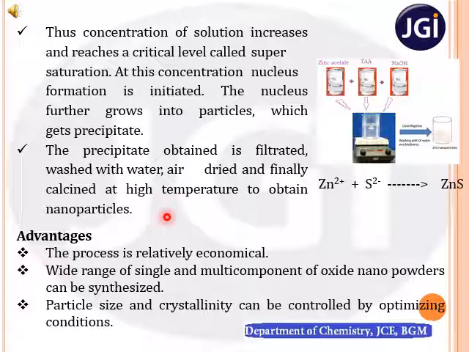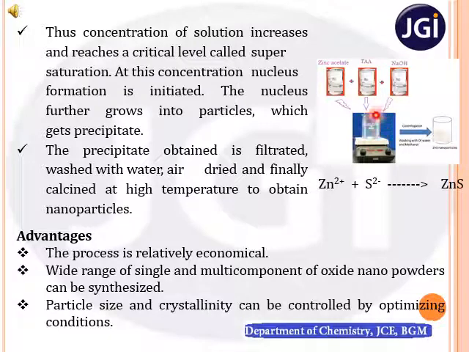Let us consider an example for the synthesis of zinc sulfide nanoparticles by the precipitation technique. In this technique, we are using zinc acetate as a precursor, thioacetamide which provides the sulfide ion, and sodium hydroxide which acts as a precipitating agent as well as maintains the pH. Zinc acetate and thioacetamide are taken in a solution, that is, in water, and then sodium hydroxide is added to this.